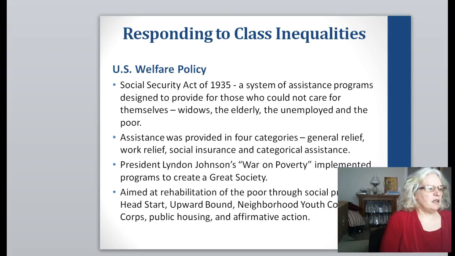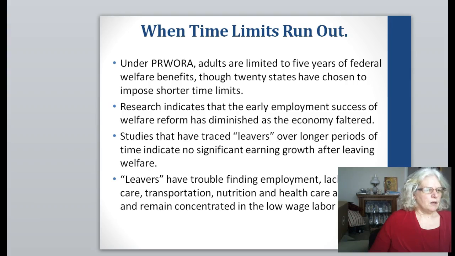Then with the economic downturn we've recently gone through in the early 2000s, the poverty level for children has gone back up to about 25%. And so welfare has changed over time. We've gone from ADC to TANF, which is Temporary Assistance for Needy Families, and only covers families.